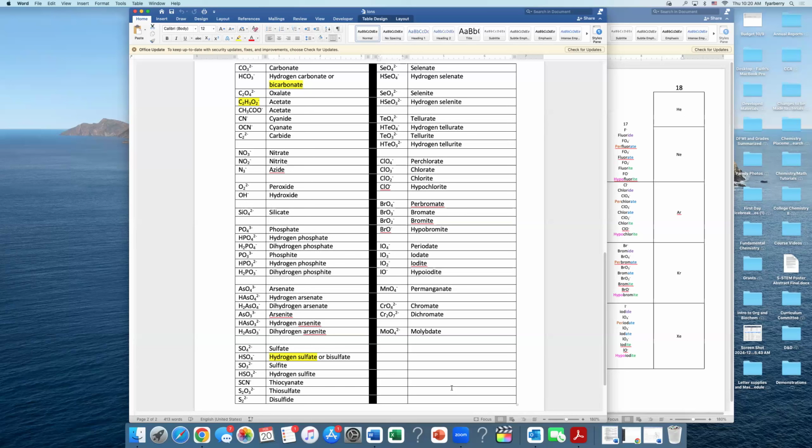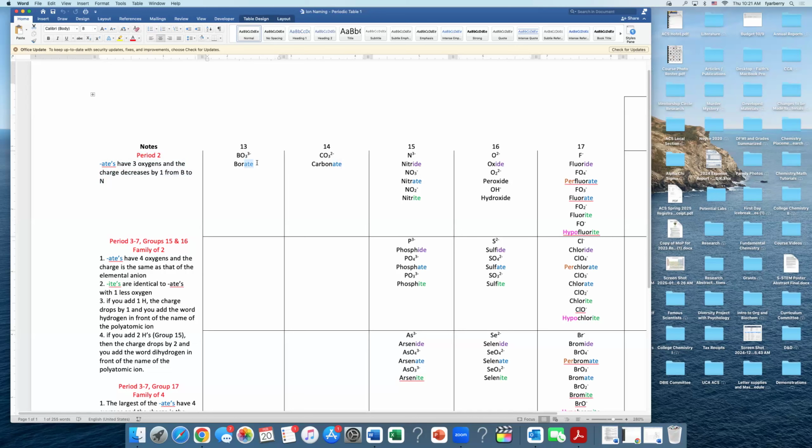First, let's start with number one. If you see ATE or ITE, it means it's a polyatomic ion. Again, if you see ATE or ITE, it means that it is a polyatomic ion.